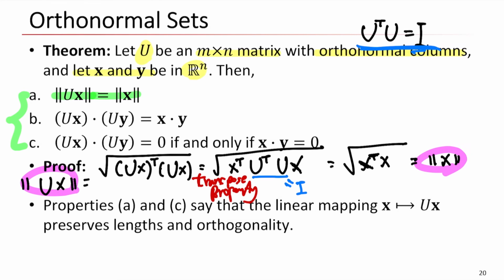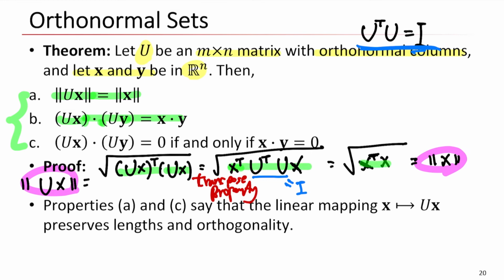Okay. Another property is that Ux inner product Uy is equal to x inner product y. Why? This proof is also intuitive. You can just see here, right?